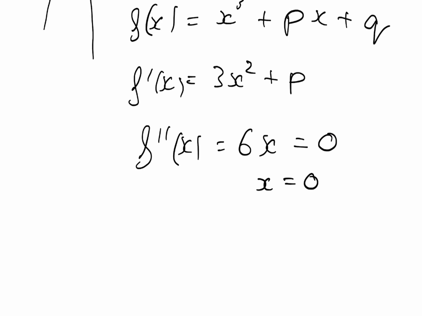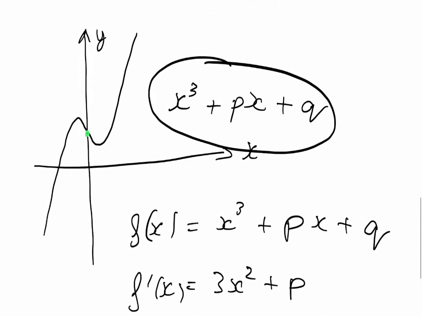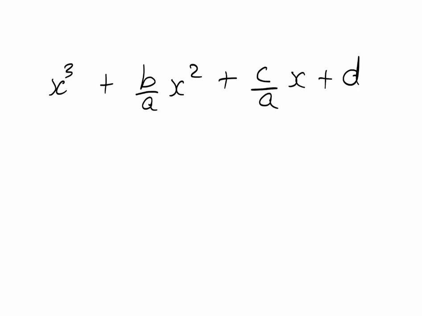So what we need to do now is shift our original function's inflection point onto the y-axis, as we've got up here in our example. So the way we do this is we write down our full function, which is x cubed plus b over a x squared plus c over a x plus d over a, and then we say that's f of x.